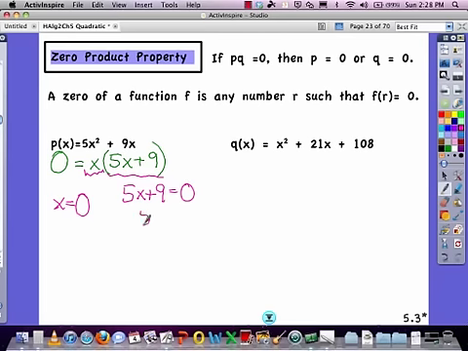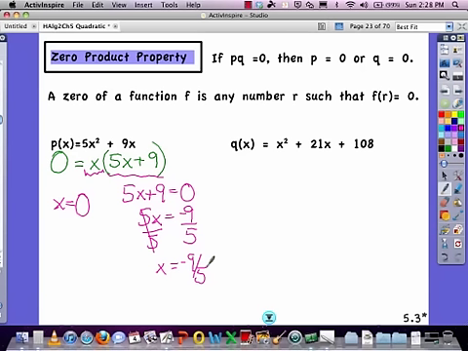So take your 9 to the other side and divide by 5. If you did that, you would have that one value of x that would make this 0. And it would make that second parenthesis 0. So if x was a negative 9/5, that second parenthesis would be 0. That would be a 0 of the function.